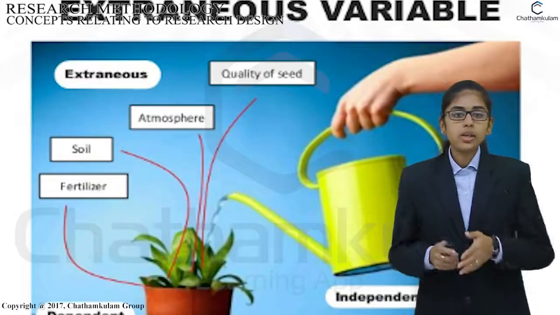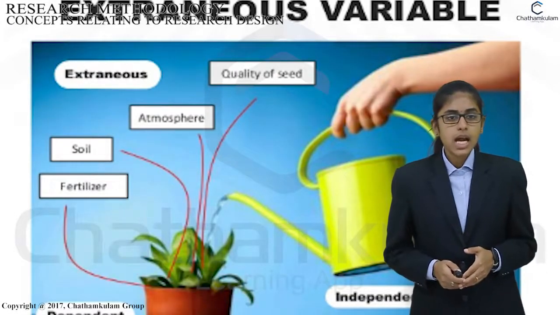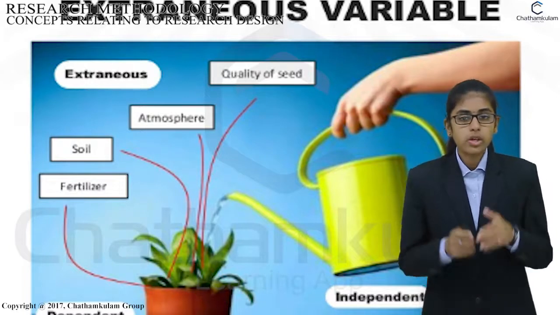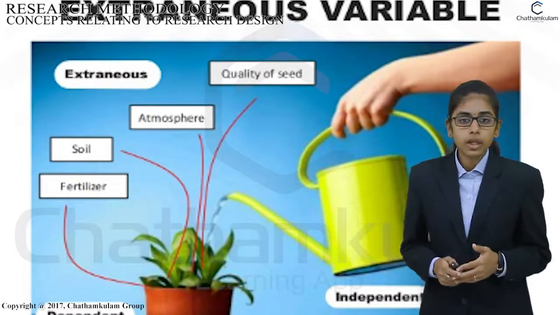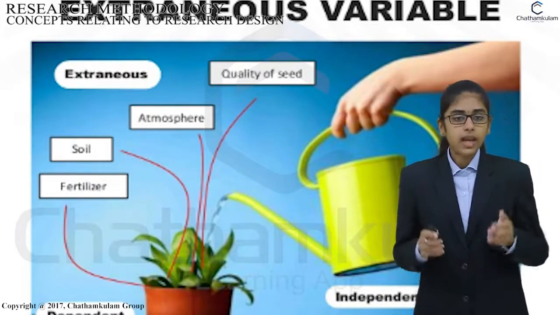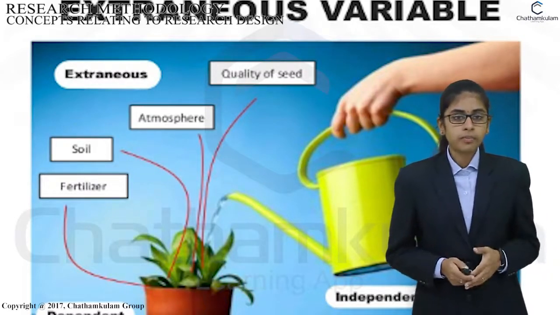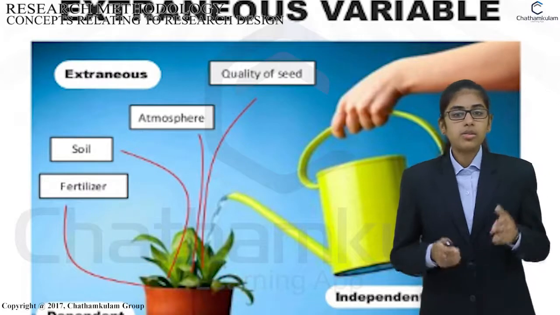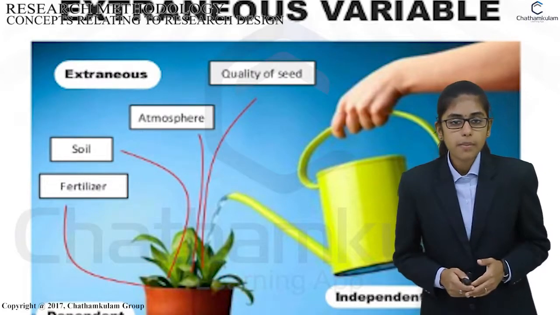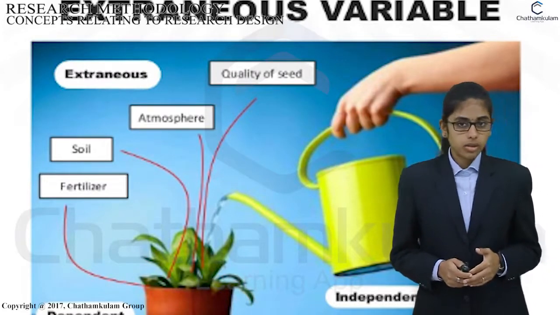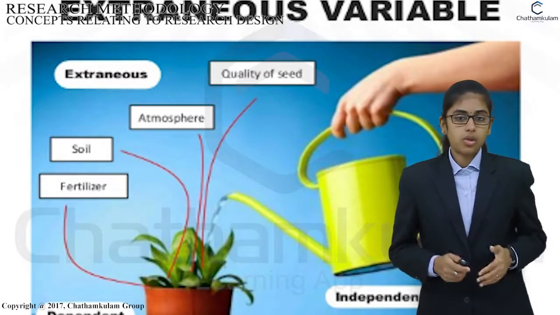Then, extraneous variable. The independent variables which are not directly related to the purpose of the study but affect the dependent variables are known as extraneous variables. However, since it is not directly related to the purpose of the study undertaken by the researcher, it would be known as extraneous.